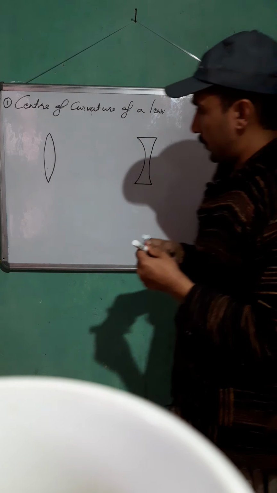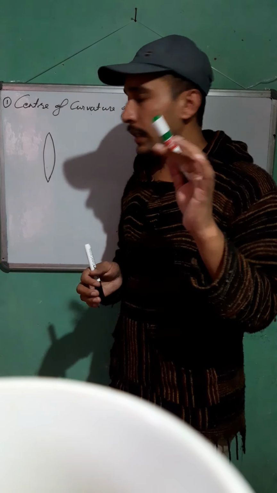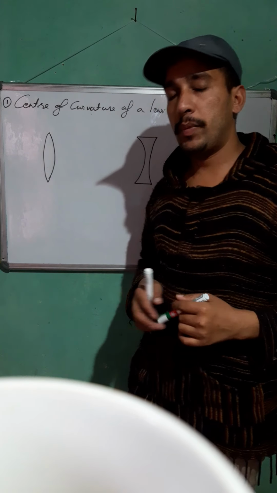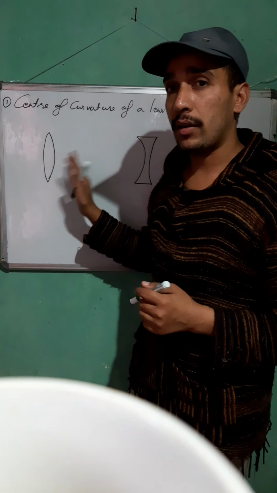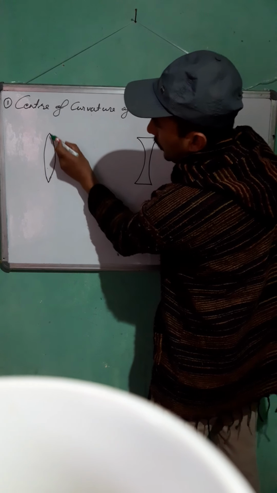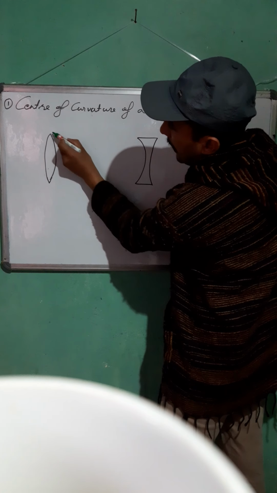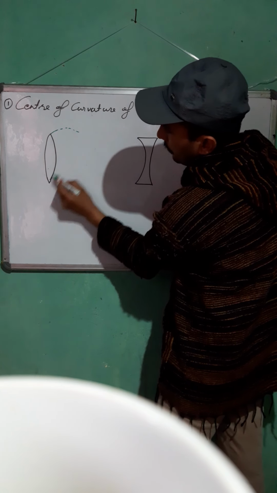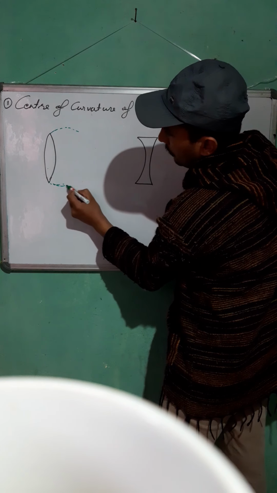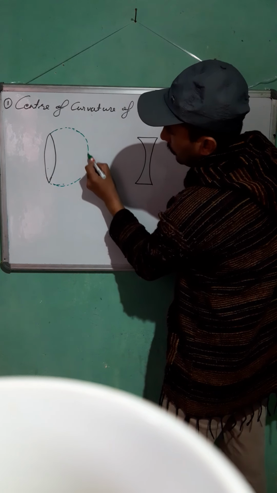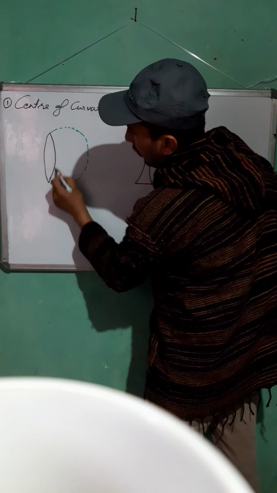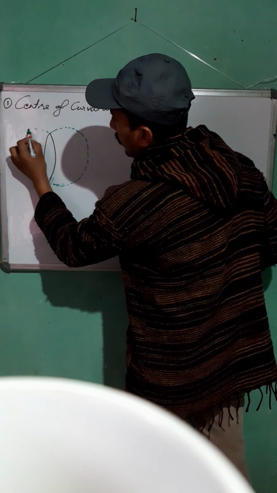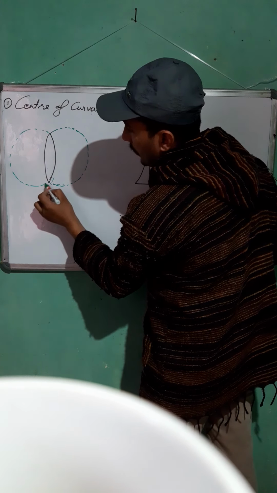Now, these two lenses are made by cutting a sphere. So these two lenses are parts of spheres. This section is a part of a sphere, and this part is from another sphere of the same size.